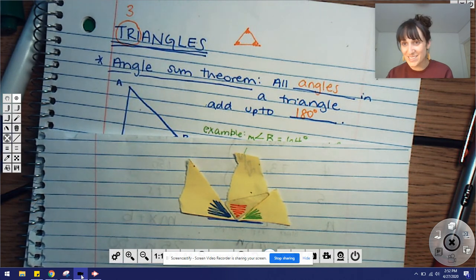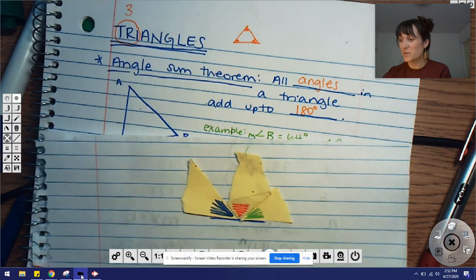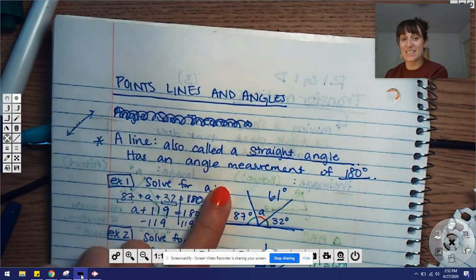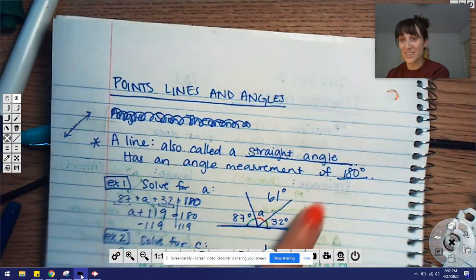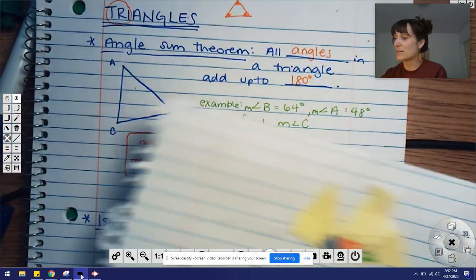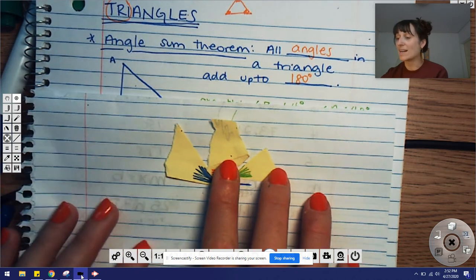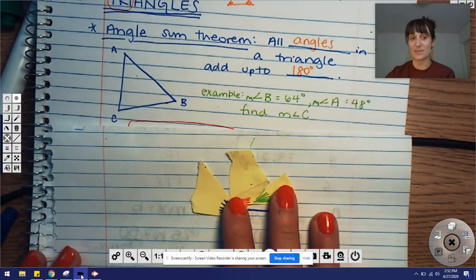And remember from last class, from day 4, one of our big ideas was that a line has an angle measurement of 180 degrees. So when we think about the three corners of a triangle, they also add up to 180 degrees.